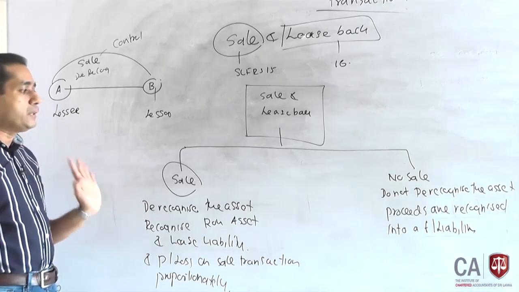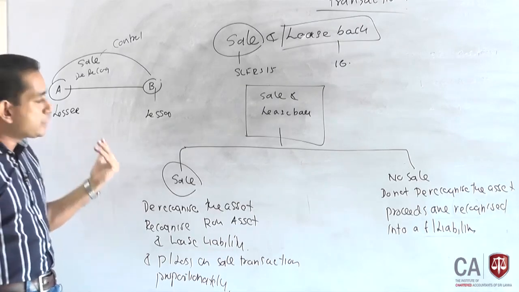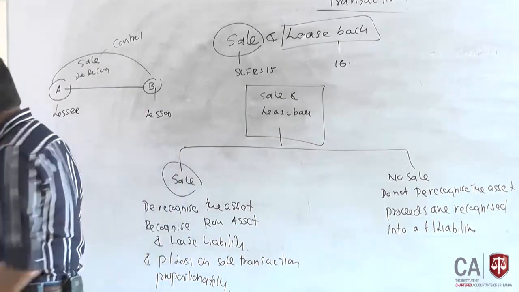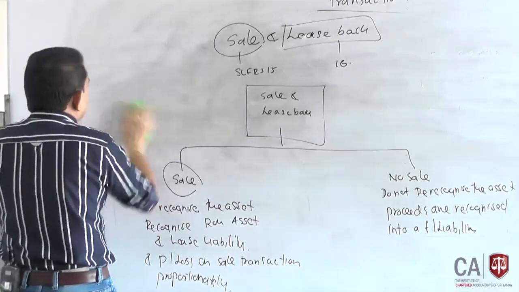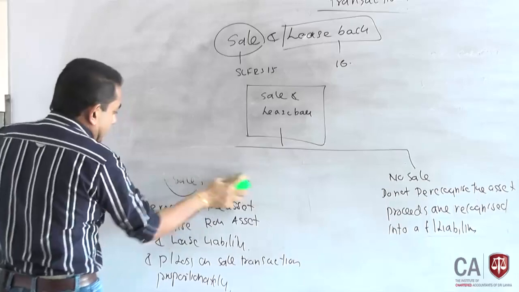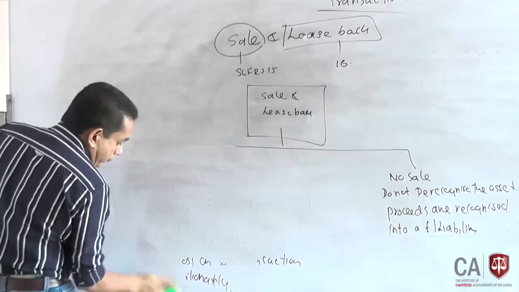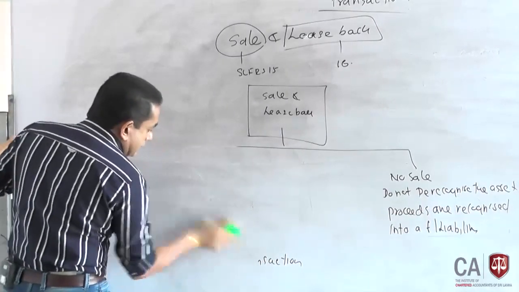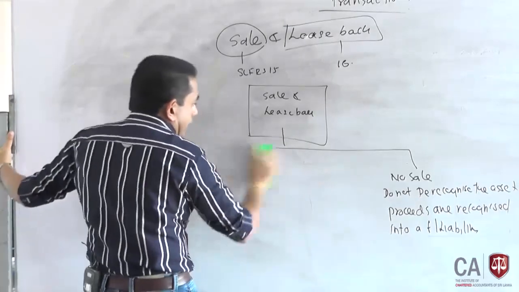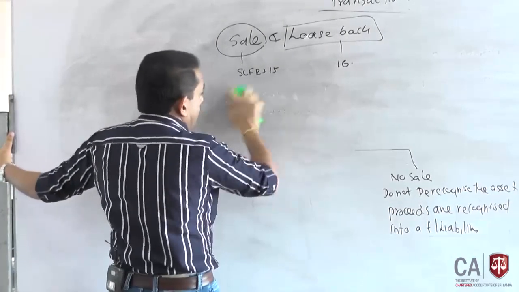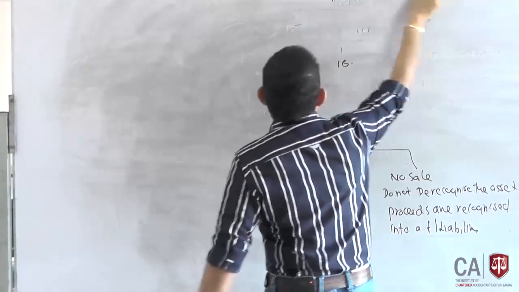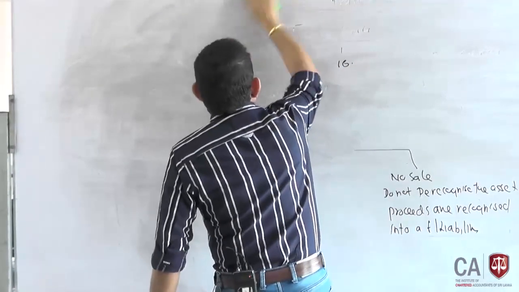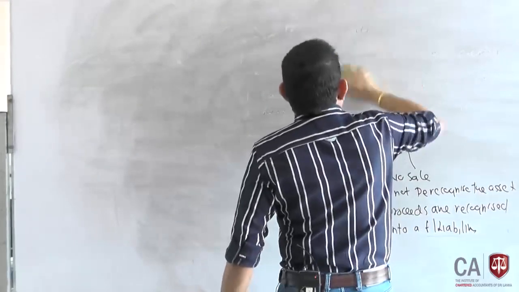We don't have enough time to discuss the accounting of either party. Let us look at the most important one, the accounting of the seller lessee when the sale is considered to be a genuine sale under SLFRS 15, where the control of the asset has passed from the seller to the buyer.